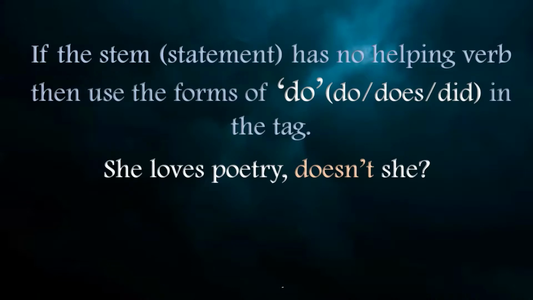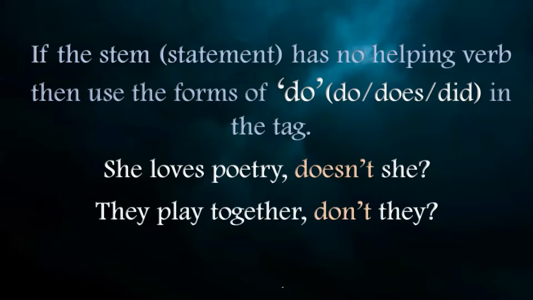Because it is a singular subject, we use doesn't in the question tag. They play together, don't they? In this example, again, there is no helping verb and the given statement is positive. So you use do because it is a plural subject and your question tag becomes don't they.